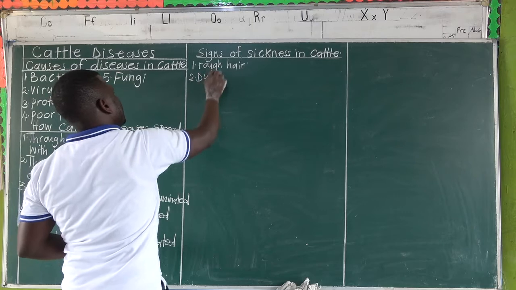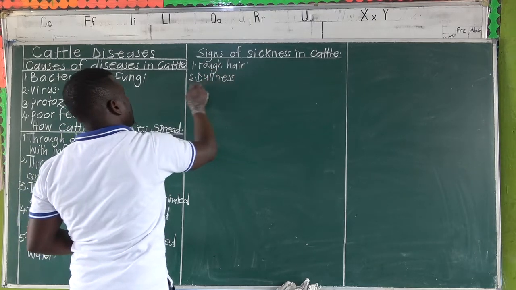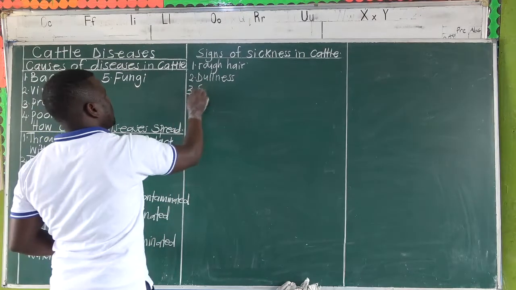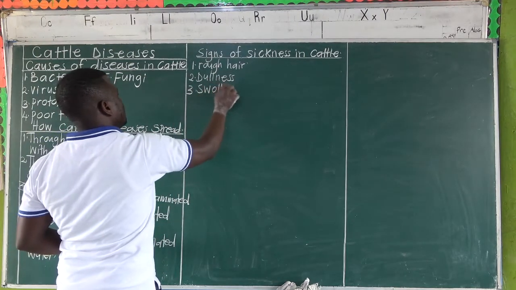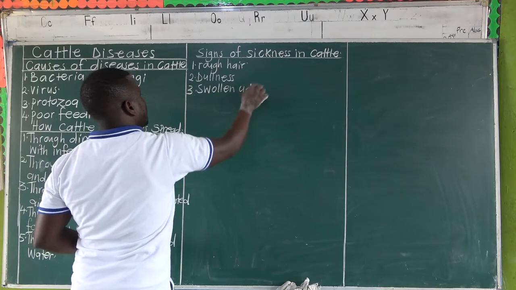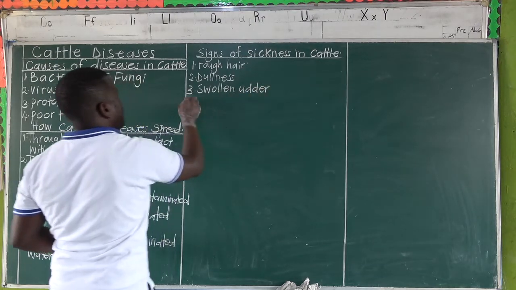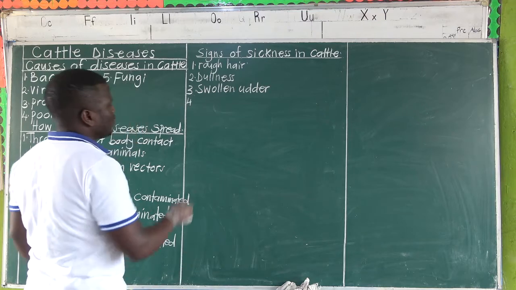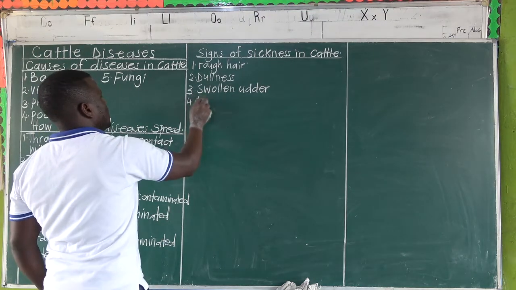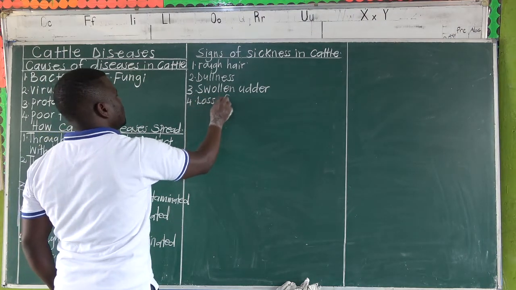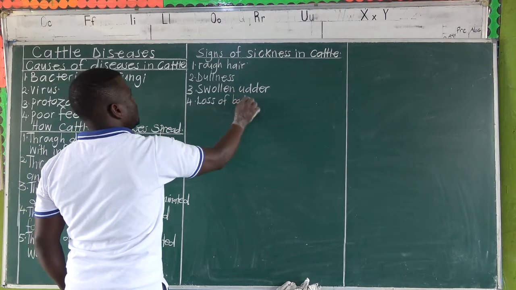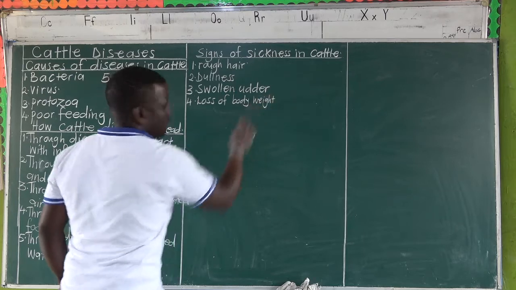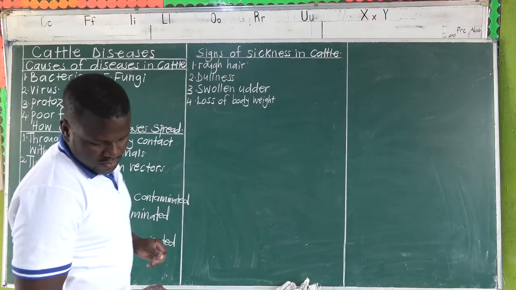Dullness. They become dull. Then swollen udder. Emaciation or loss of body weight.